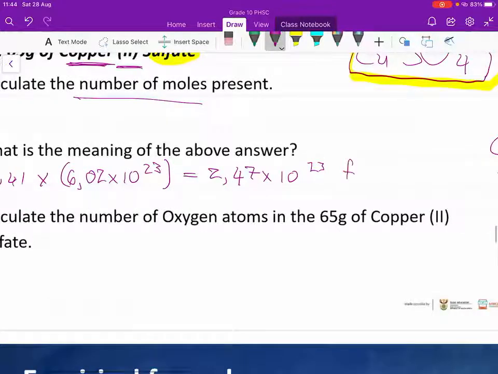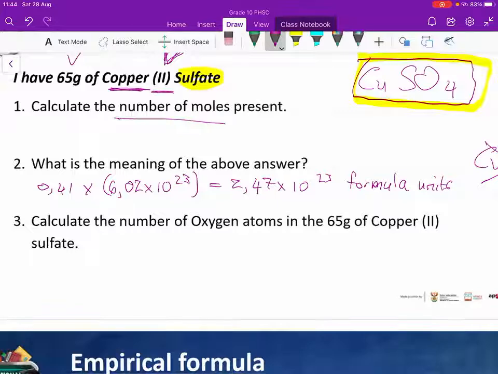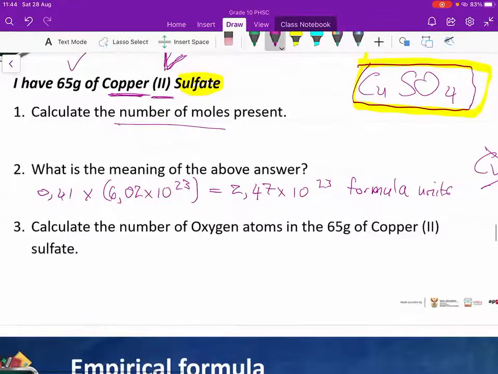And we're going to say formula units. That just means we're not going to say molecules, because remember copper sulfate won't be a molecule because it's a metal and a non-metal. So we will just say formula units. All right. So that's what it means.